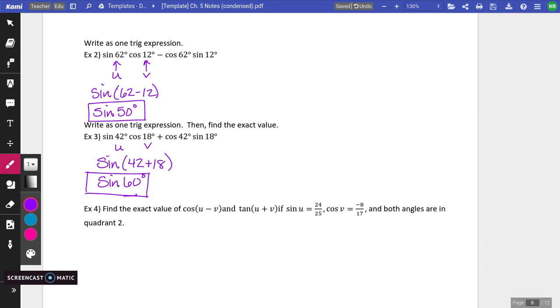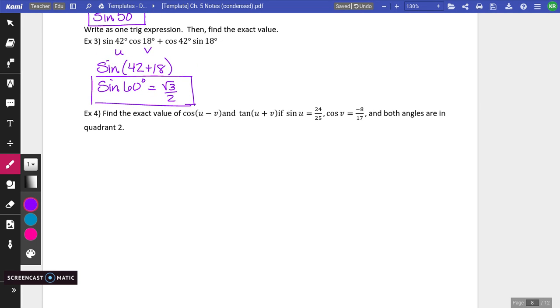Sine of 60 degrees. Then find the exact value. Well, sine of 60 degrees is root 3 over 2. So there's the condensed version, written as one trig expression, and then the exact value. I just went to my unit table, sine of 60 degrees.